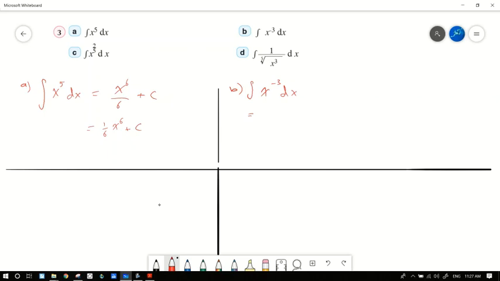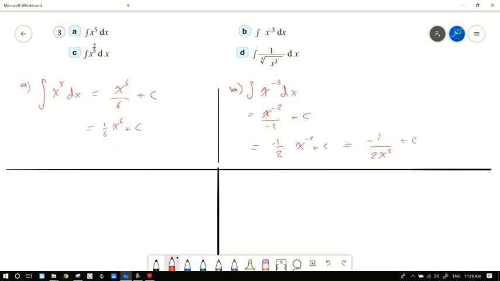So for x power negative 3, its integration will be x power negative 3 plus 1, which equals negative 2, and we divide by the new power, which is negative 2, plus c finally. It can be written as negative 1 over 2 x power negative 2 plus c, or as negative 1 over 2 x power 2 plus c.